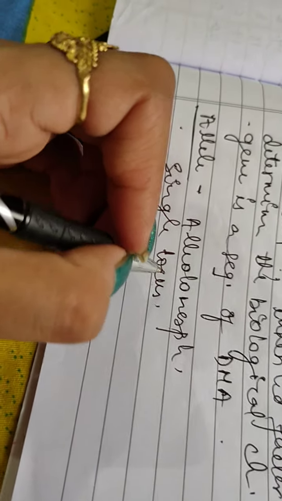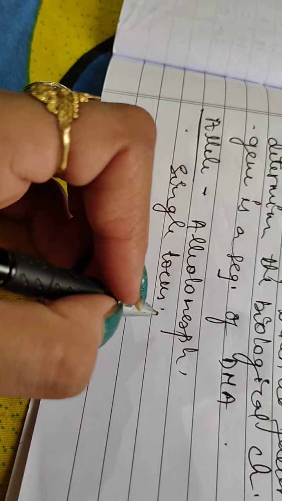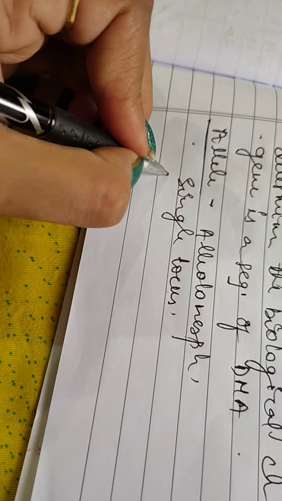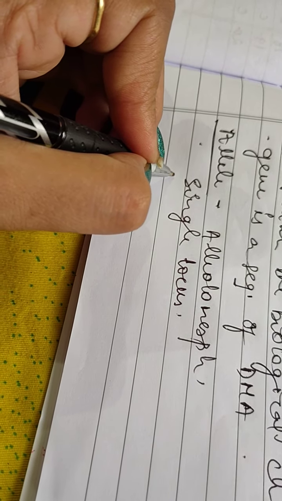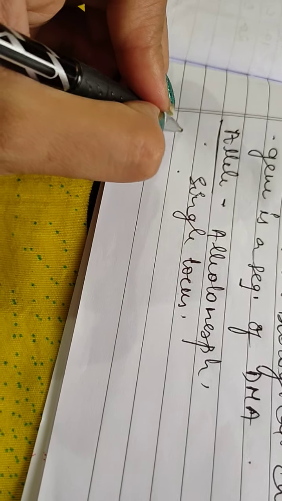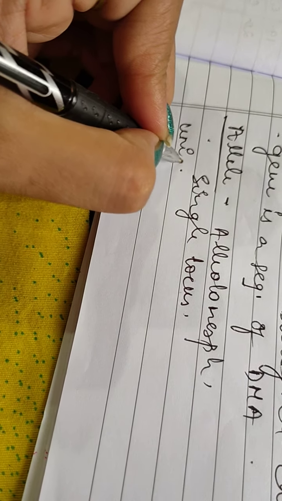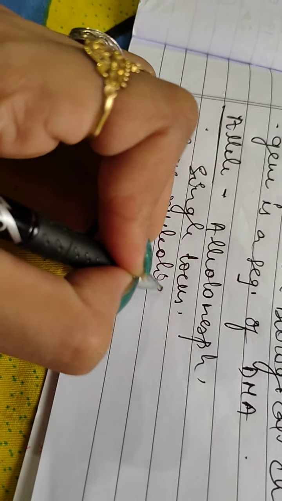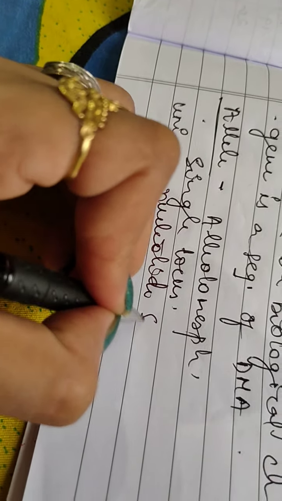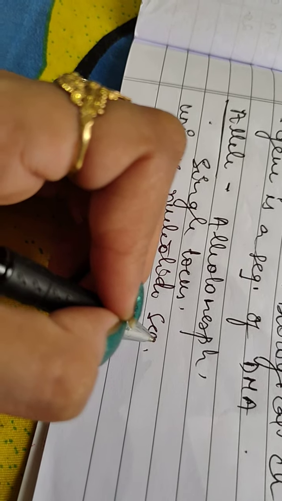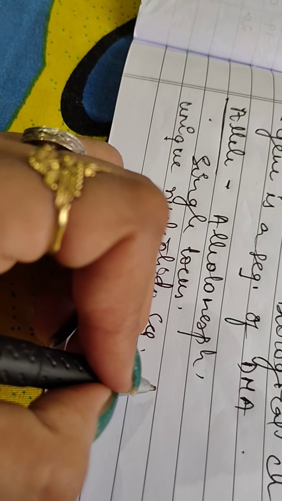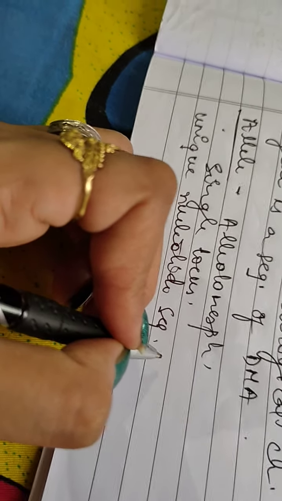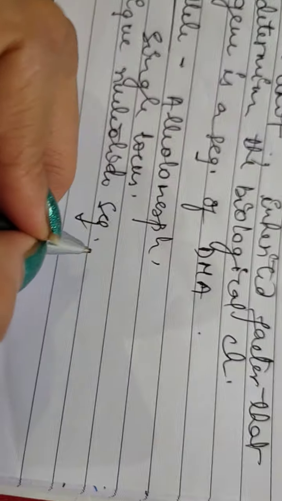Locus simply means position. Each allele has a unique nucleotide sequence and may lead to different phenotypes for a given trait.